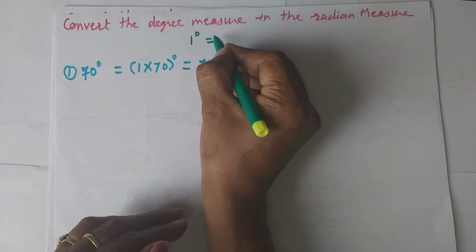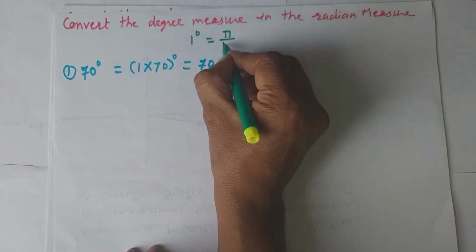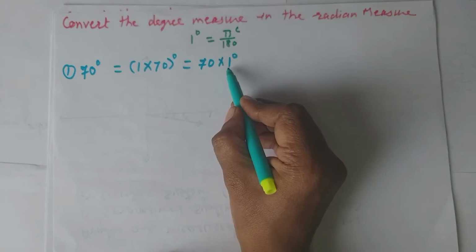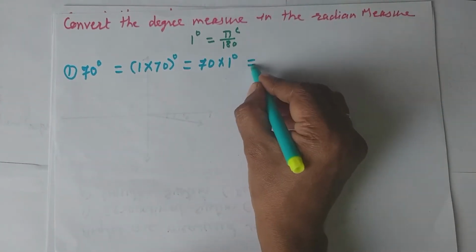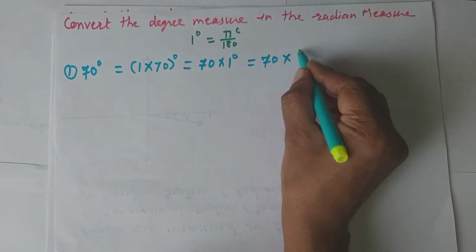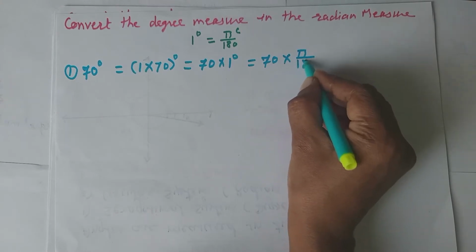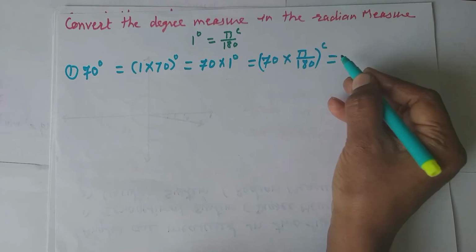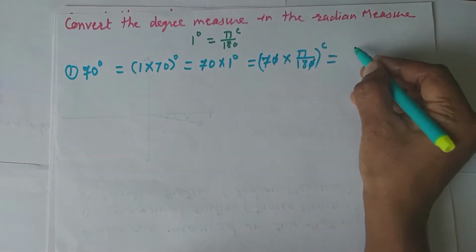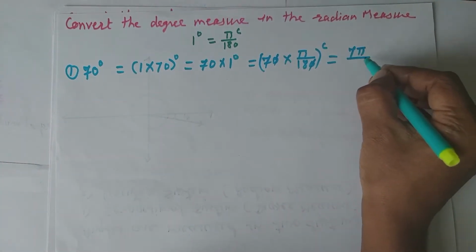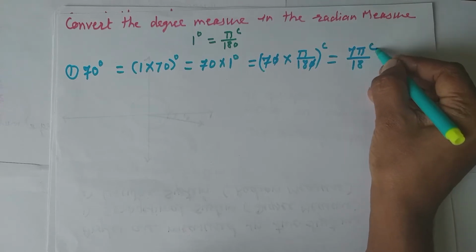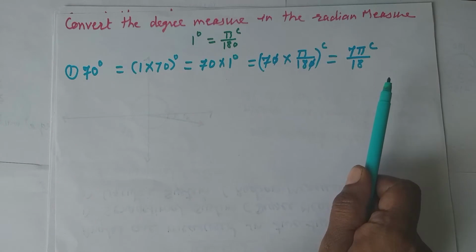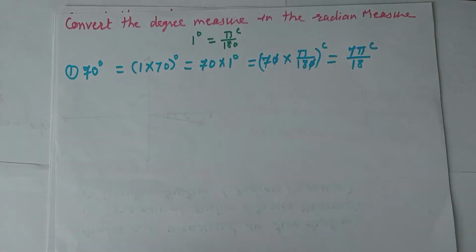Now keep the value of 1 degree, that is pi divided by 180 radians. Simplify this, the 0 will get cancelled and after simplification this will be 7 pi by 18 radians. Means 70 degrees is equivalent to 7 pi by 18 radians.